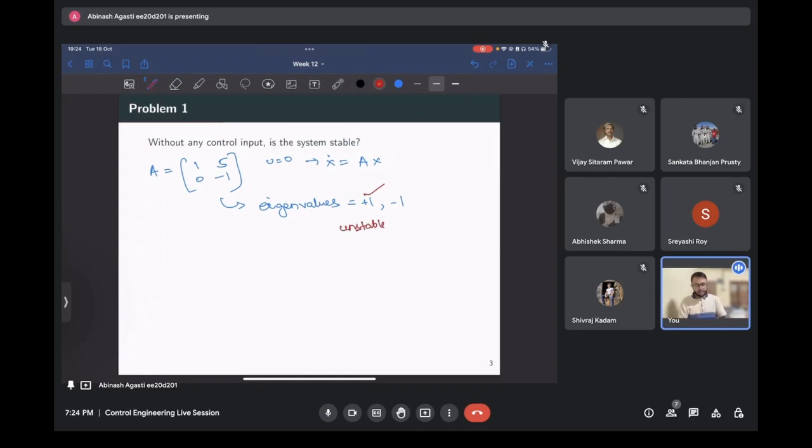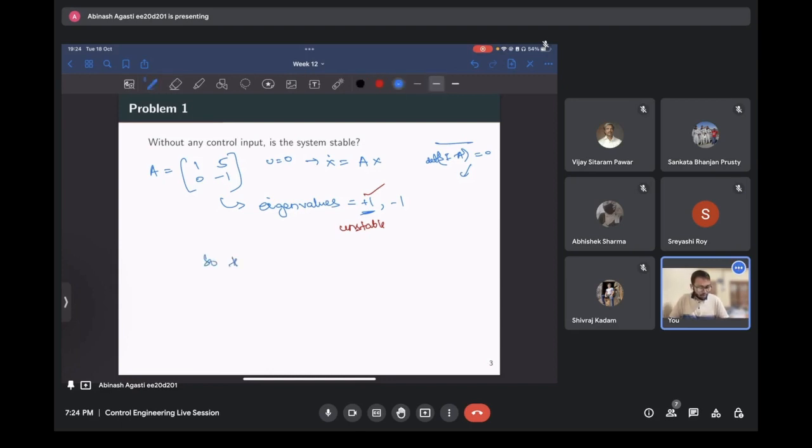Basically, you know that when you write the transfer function, in the bottom we'll have the determinant of sI minus A. The polynomial will be the determinant of sI minus A, and setting this equal to 0 basically means the roots of s are the eigenvalues of A. So if one of the eigenvalues is strictly greater than 0, then this system will be unstable, right?